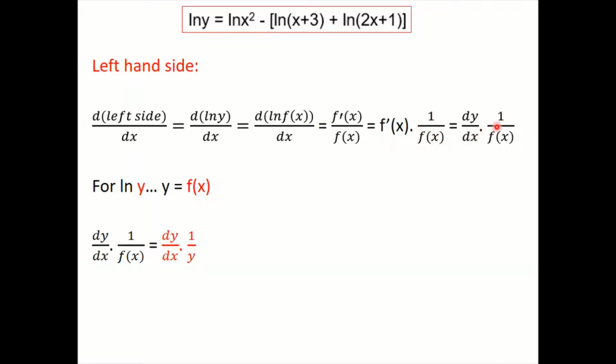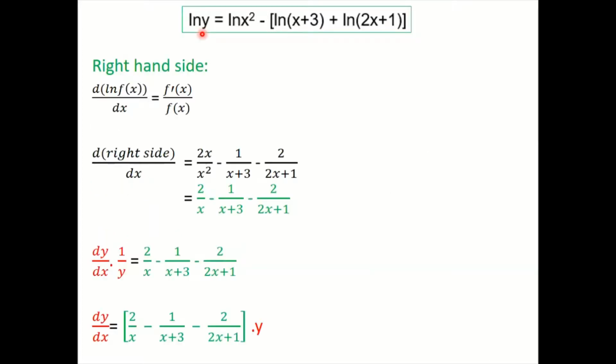But as we said, y is a function of x, so we can replace f of x in the denominator here with y. Having done that, we now need to differentiate the right-hand side.